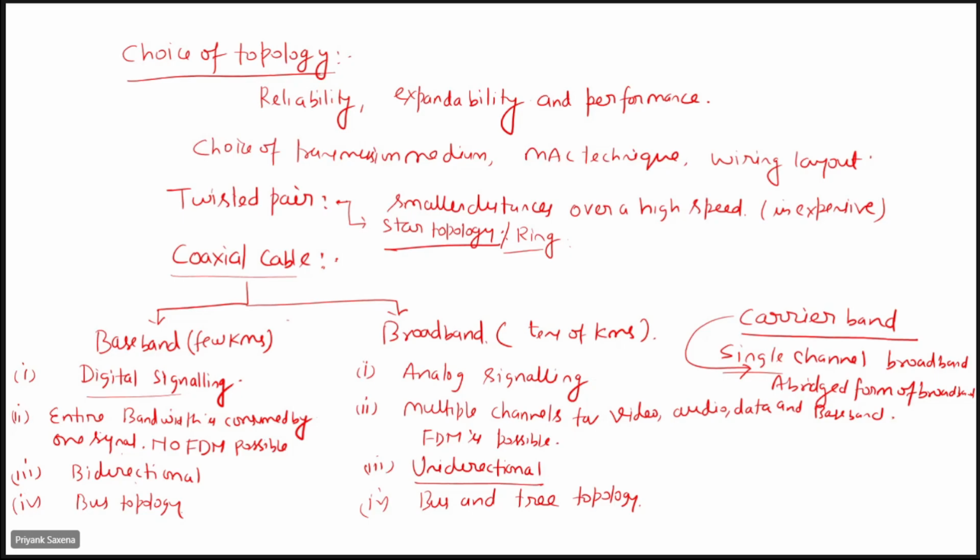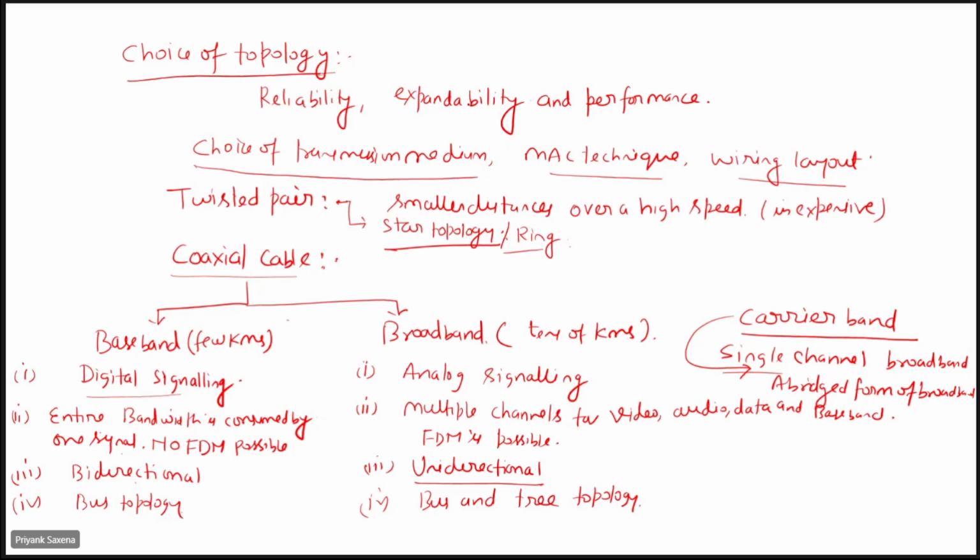So reliability of topology is not purely dependent on the topology itself. It depends to some extent on the transmission medium, MAC technique, and wiring layout. Choice of topology also depends on expandability.